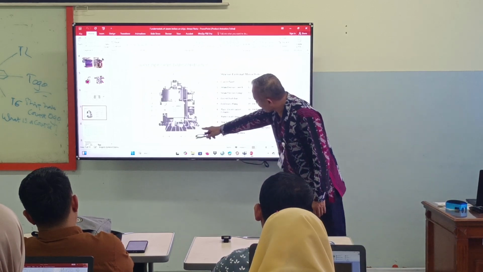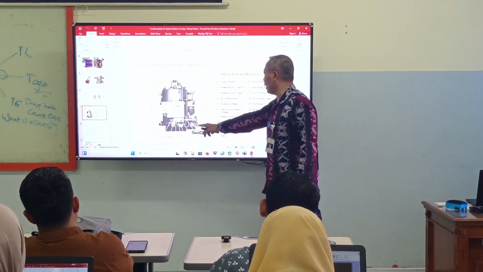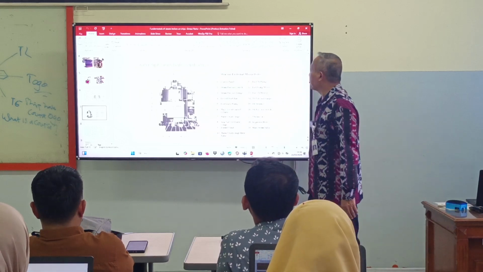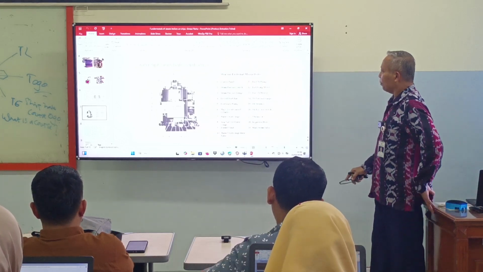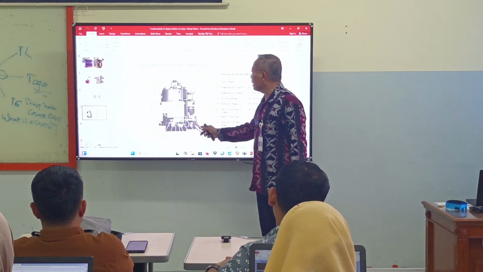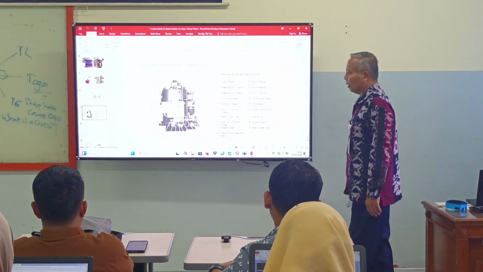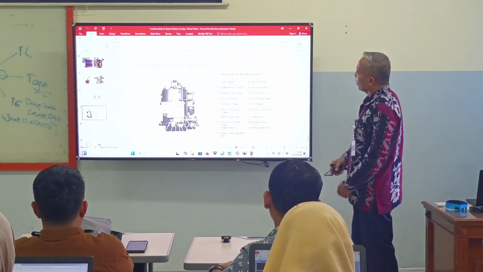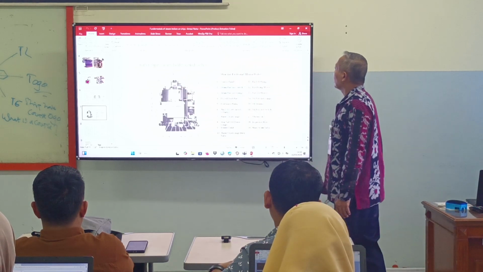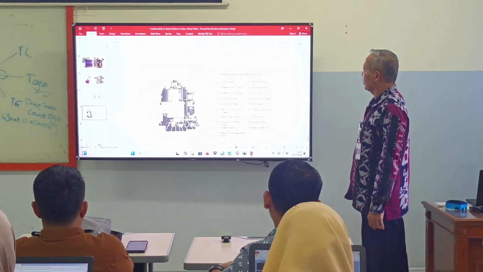This is heating the fuel oil. This is the feed water pump, which suctions fresh water into the boiler. And then number 4 is the forced draft fan.